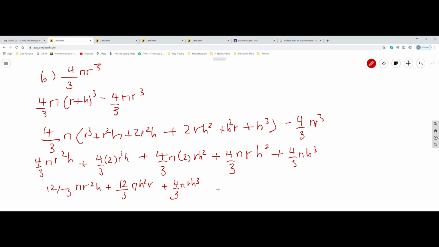So that equals 4 pi r squared h plus 4 pi r h squared plus 4 over 3 pi h cubed over h.